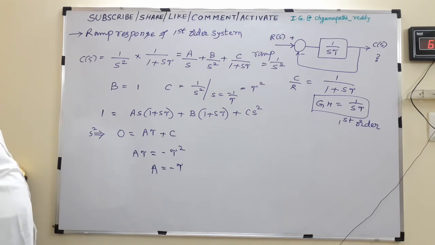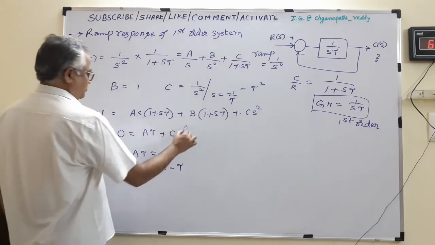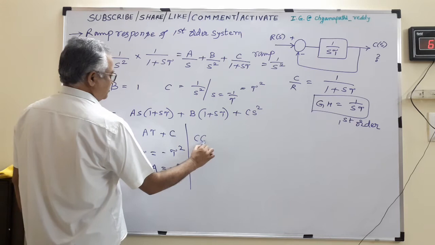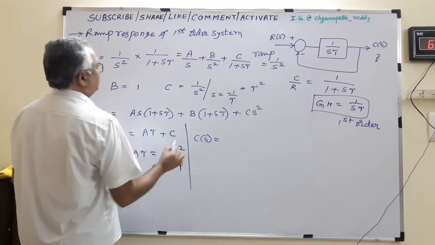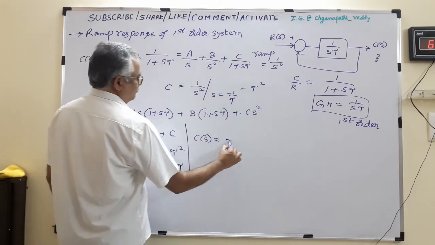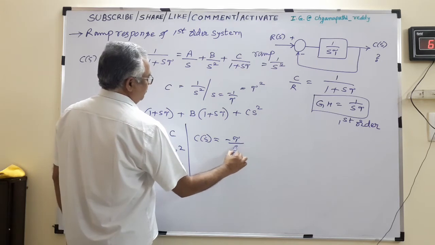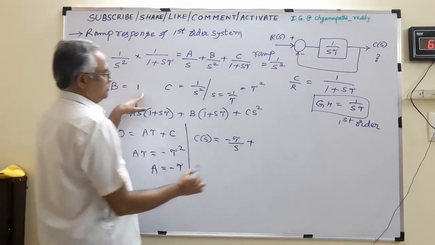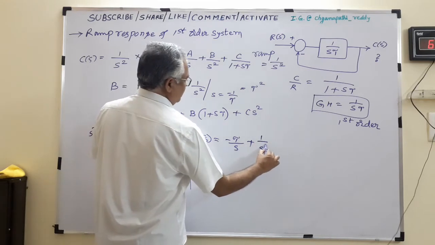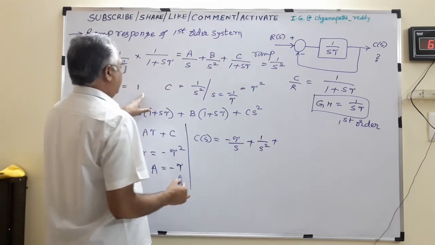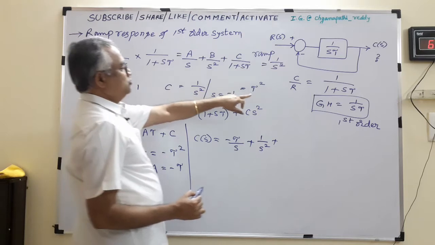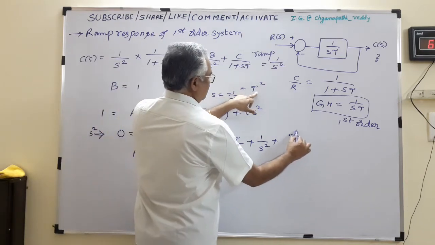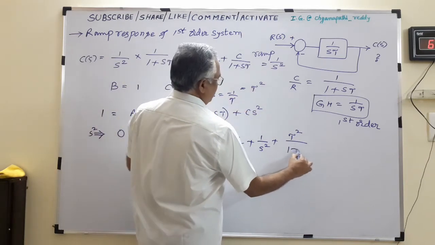Therefore, C of S equal to minus tau by S, B is 1, so 1 by S square, and C is tau square by 1 plus S tau.